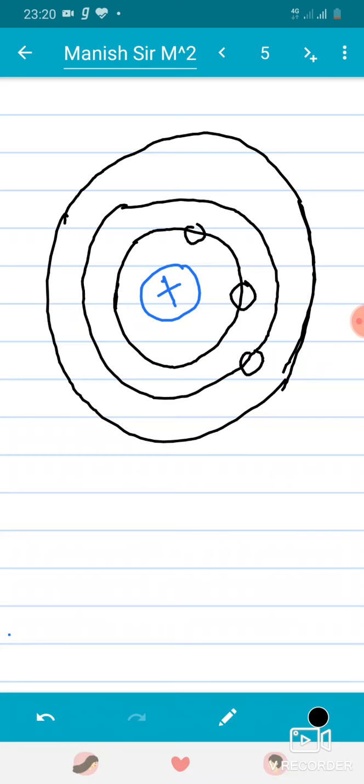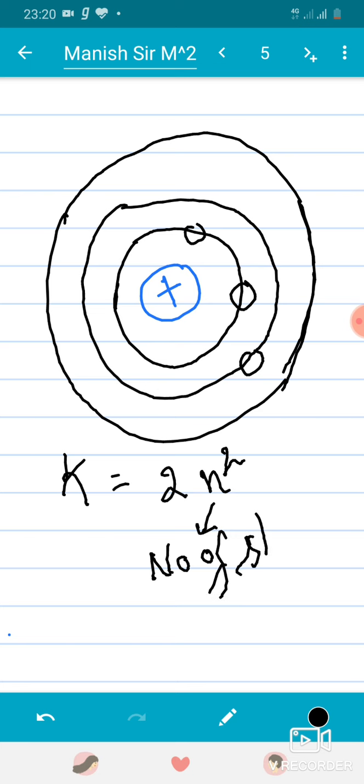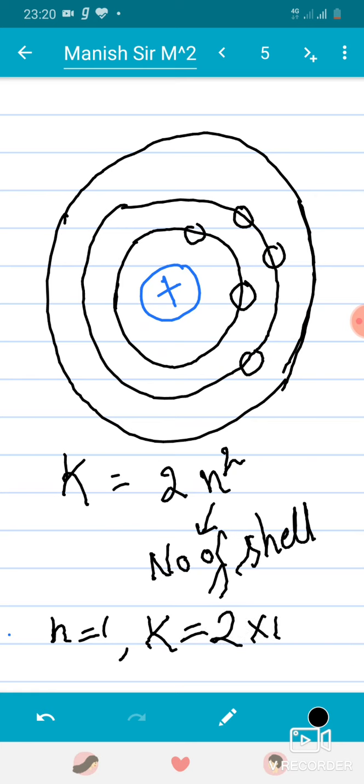According to this theory, the number of electrons present in a shell is given by the formula 2n^2, where n is the shell number, by which we can calculate how many electrons are present in the shell. Suppose the value of n is 1, then the number of electrons in the shell is 2 times 1 squared, which equals 2.